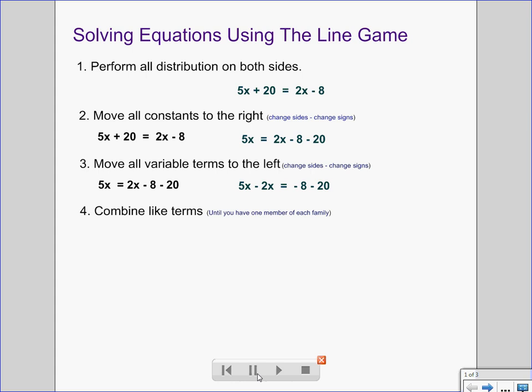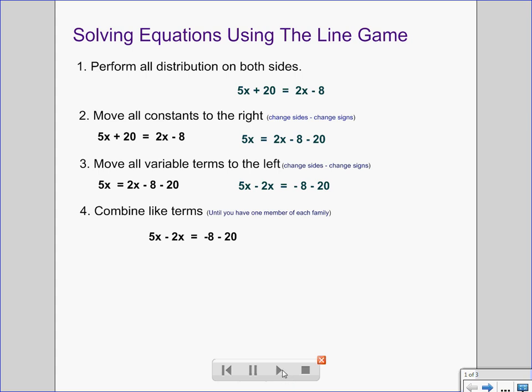We have the x family on the left and the constant family on the right. As we combine like terms, we'll use the rules. The rule on the left, so we have two numbers with different signs. We're going to subtract the smaller from the larger and keep the sign of the larger. 5x's minus 2x's is going to be 3x.